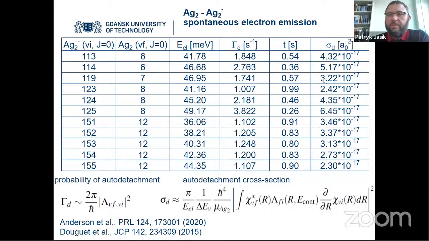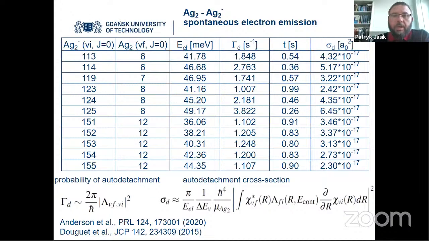This is a rather small set of results which we were able to extract from all the combinations of vibrational and rotational quantum numbers. But anyway, we confirm by our calculations what was reported in the Anderson paper, that this process is really long in comparison with predissociation.